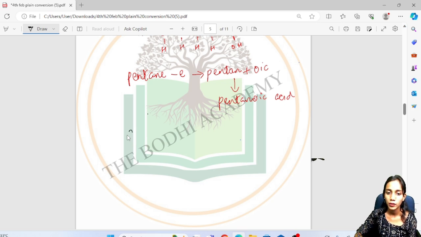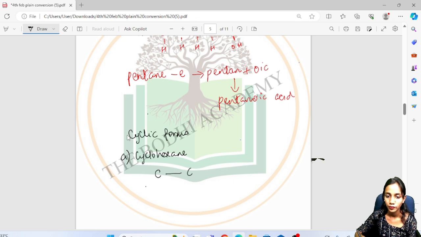The examples of this are cyclic forms. One example is cyclohexane. For this you have to represent the hexane structure in the form of a cyclic form.